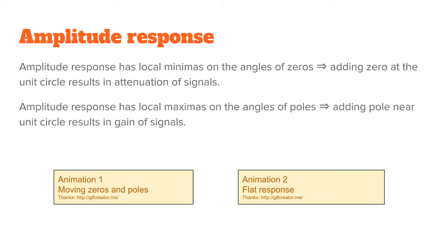So if that is the sampling rate over 2, then somewhere in here we have the corresponding omega_0. We know from this plot that the amplitude response goes to 0. So adding a zero to the unit circle gives us 0 response at that frequency.